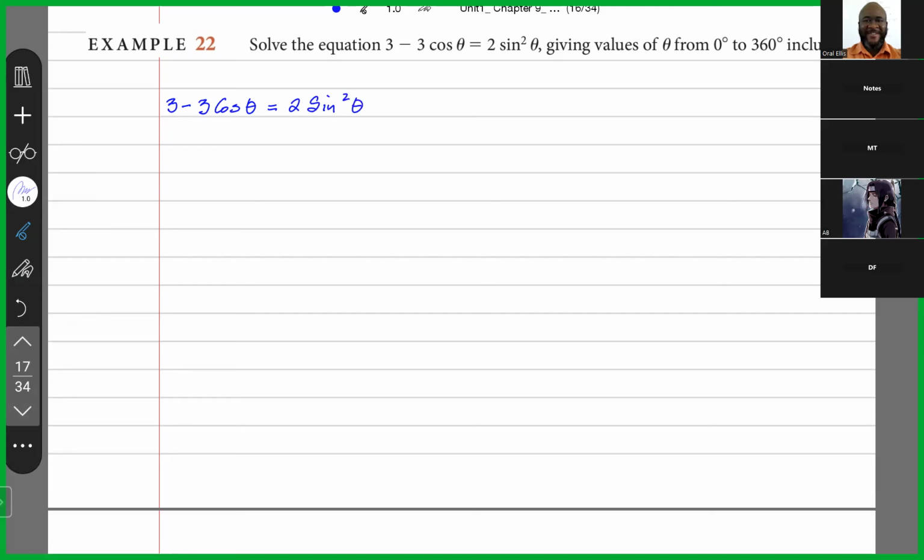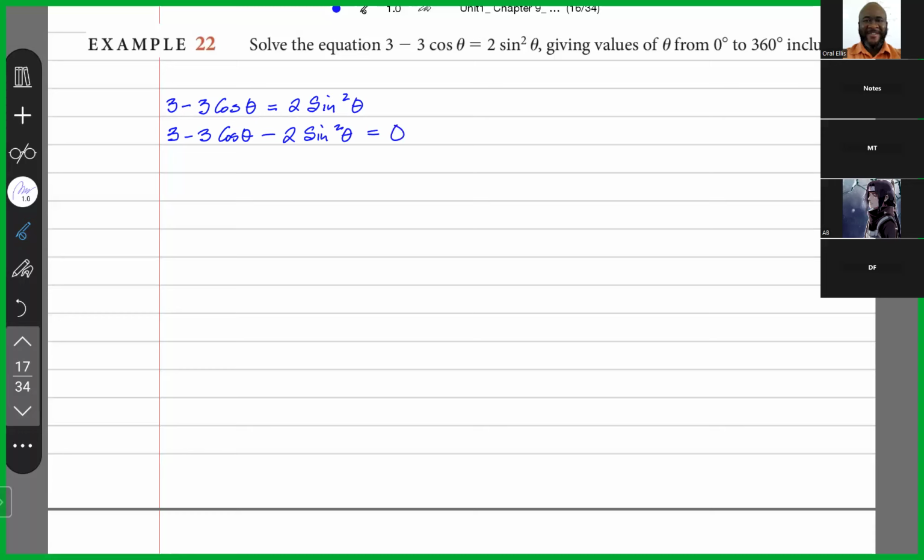They're asking for values of theta between 0 and 360 degrees inclusive. So what I would do is this. It's a quadratic equation, so I'm going to have 3 minus 3 cos theta minus 2 sine squared theta is equal to 0.